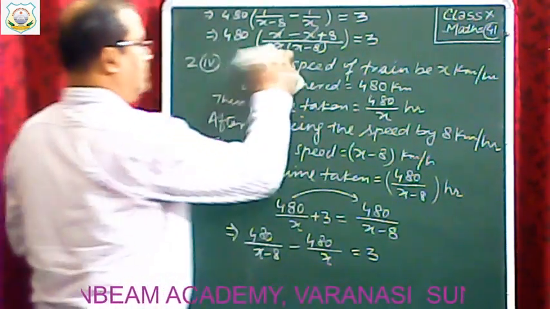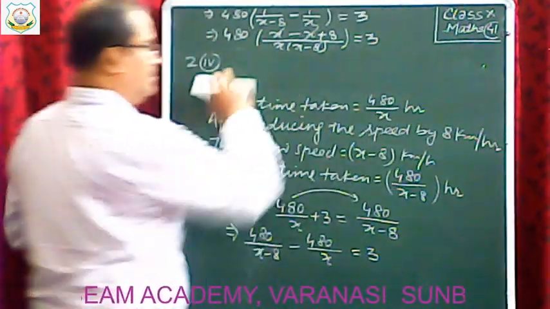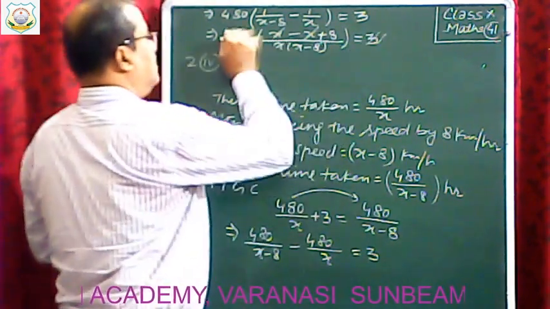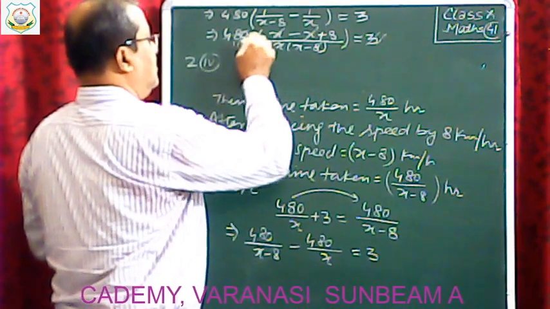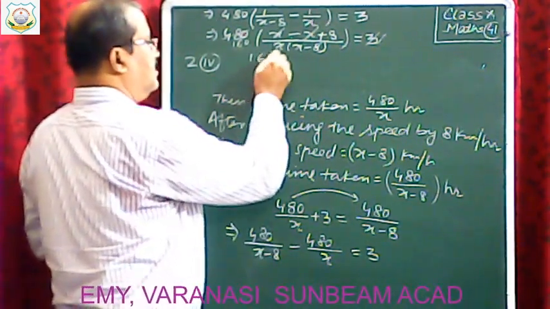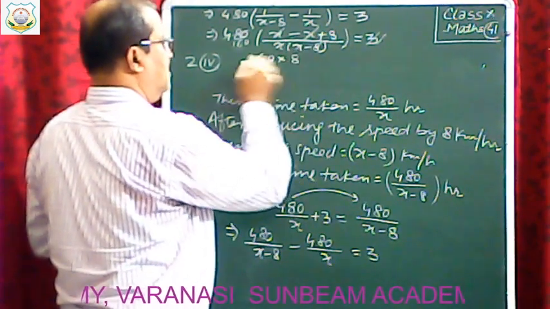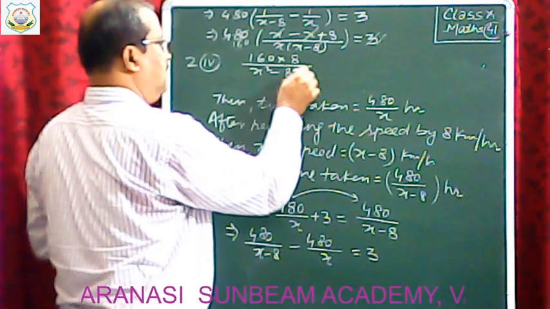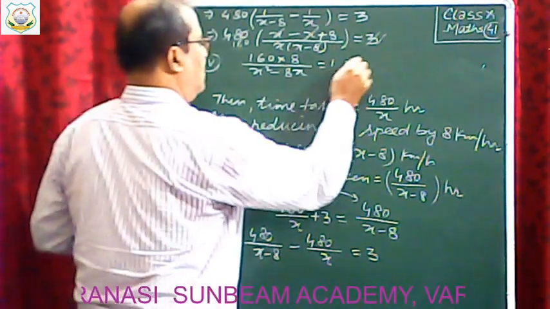Let's see, 3 1 are 3, 16 3 are. Okay. So finally we get 160 into 8 upon x square minus 8x equal to 1.